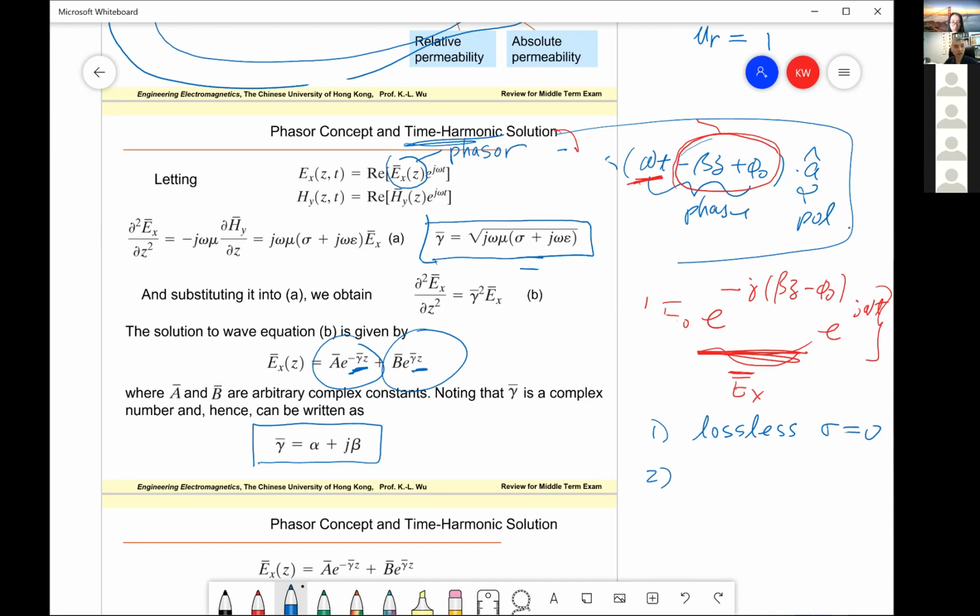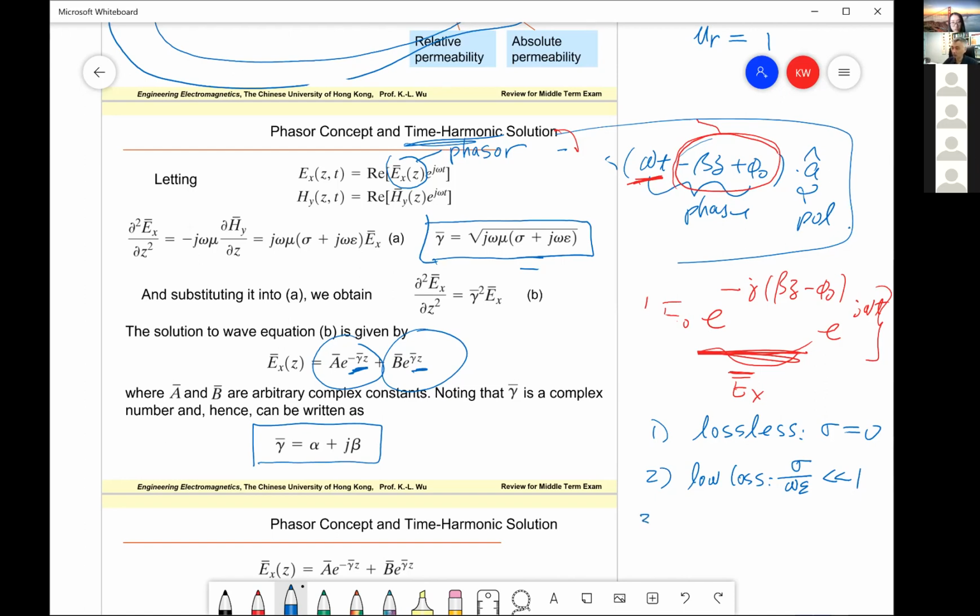Second case is low loss. In that case, sigma is not equal to 0, but compared to omega times epsilon it is much, much smaller, right?